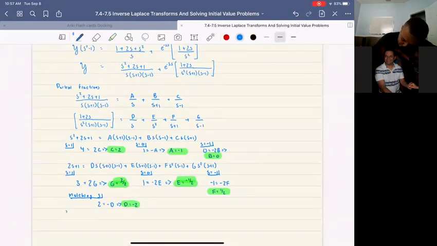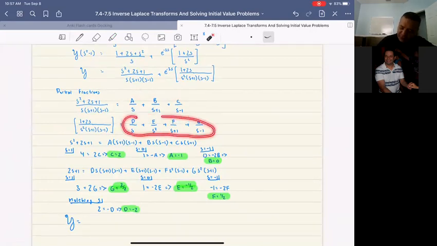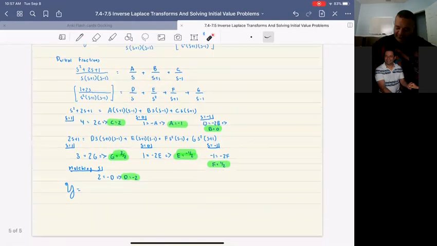Okay. So y equals. Now y, remember, has two pieces. This piece without the e to the -3s, and this piece with the e to the -3s.